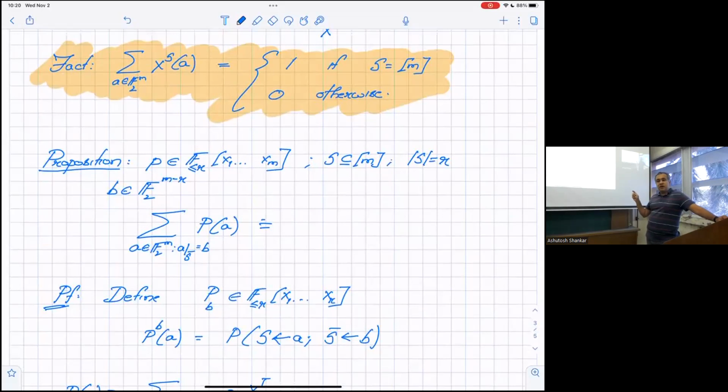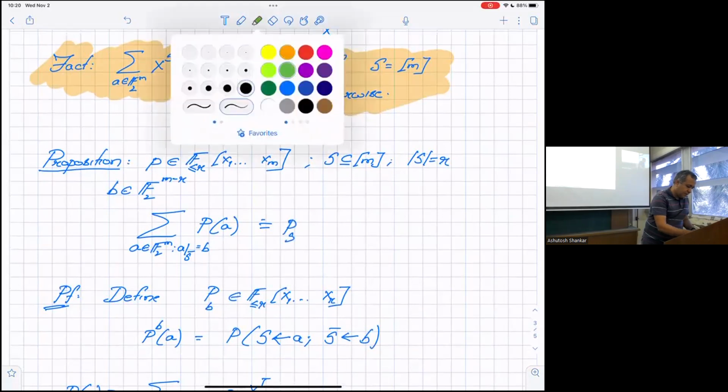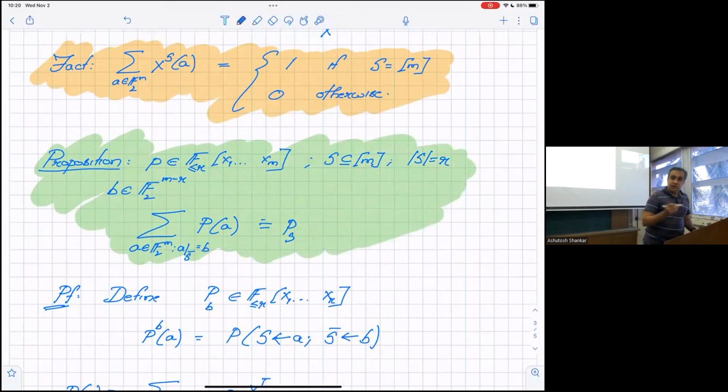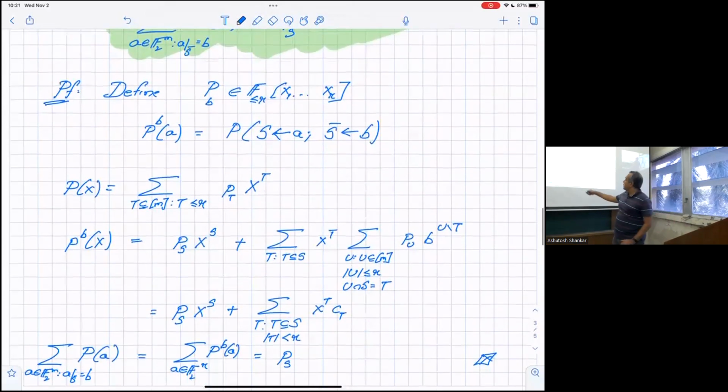If P was of degree greater than R, this would not be zero. This PS X is the only term. Otherwise, if P was of degree larger than R, this fact will not be true, and this will have more terms sitting.